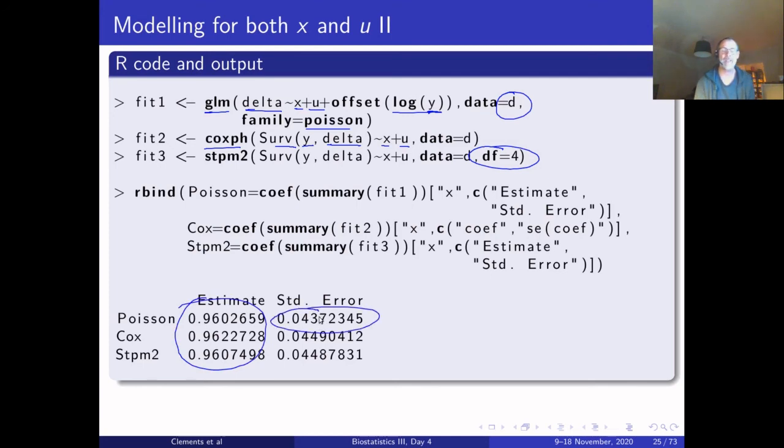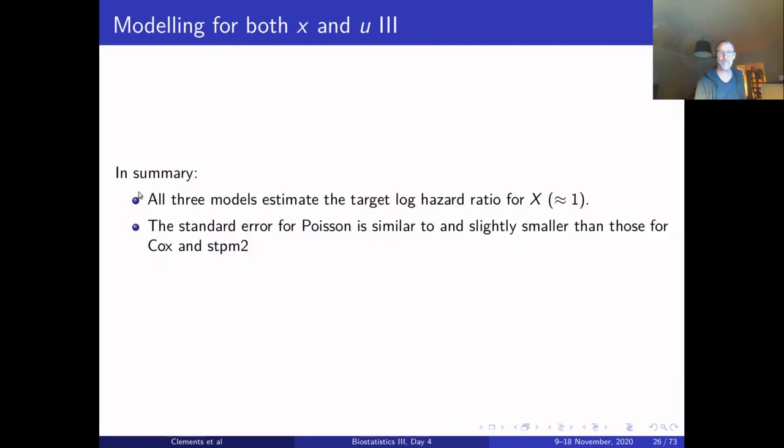The standard error here is slightly smaller because this is actually the correctly specified model, where it's assumed to be piecewise constant. In all of these, we've adjusted for both x and u, and we get pretty close to the right answer. So in summary, all three models estimate the target log hazard ratio, which is approximately equal to 1, and the standard error for Poisson is similar to and slightly smaller than those for Cox and STPM2.